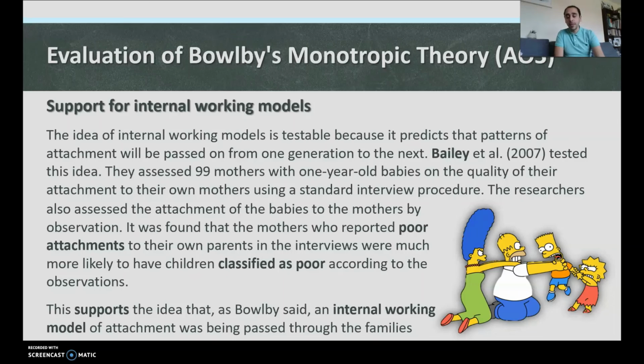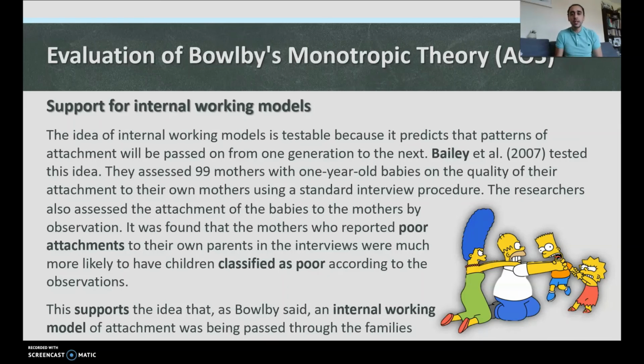It was found that the mothers who reported poor attachments to their own parents in the interviews were much more likely to have children classified as poor according to the observations. This supports the idea that, as Bowlby said, an internal working model of attachment was being passed through the families.